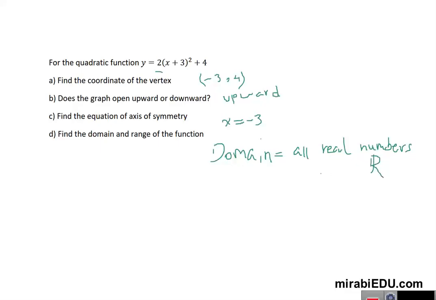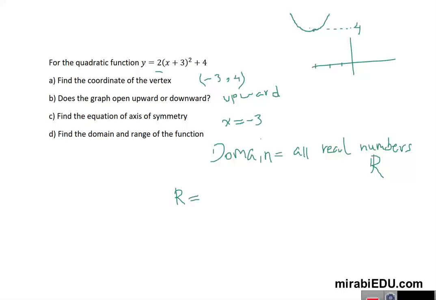And the range is, because we know that the graph has moved 3 units to the left and 4 units up, and here the graph is drawn upward, it opens upward.